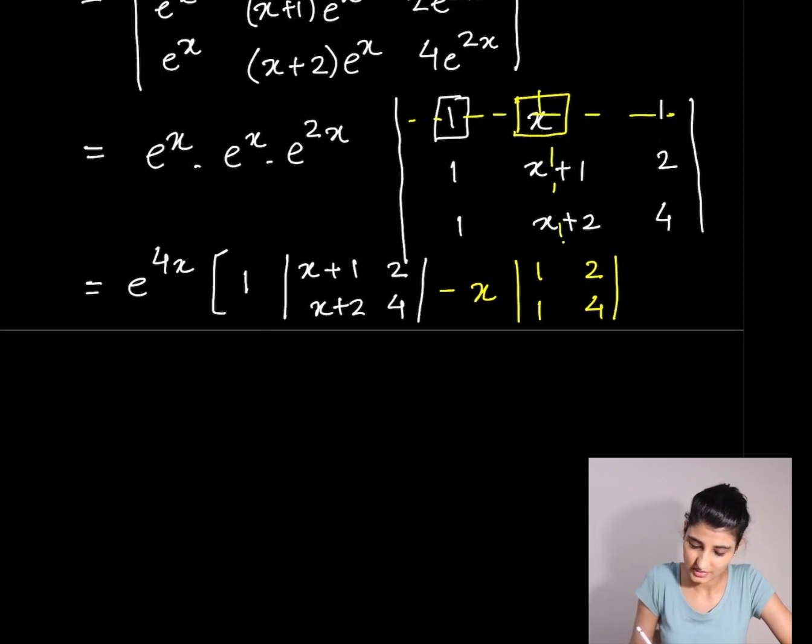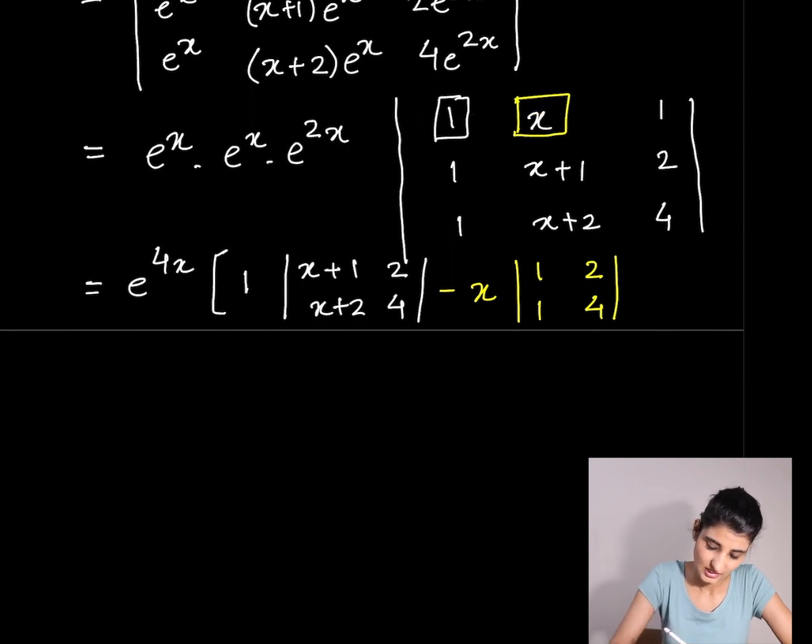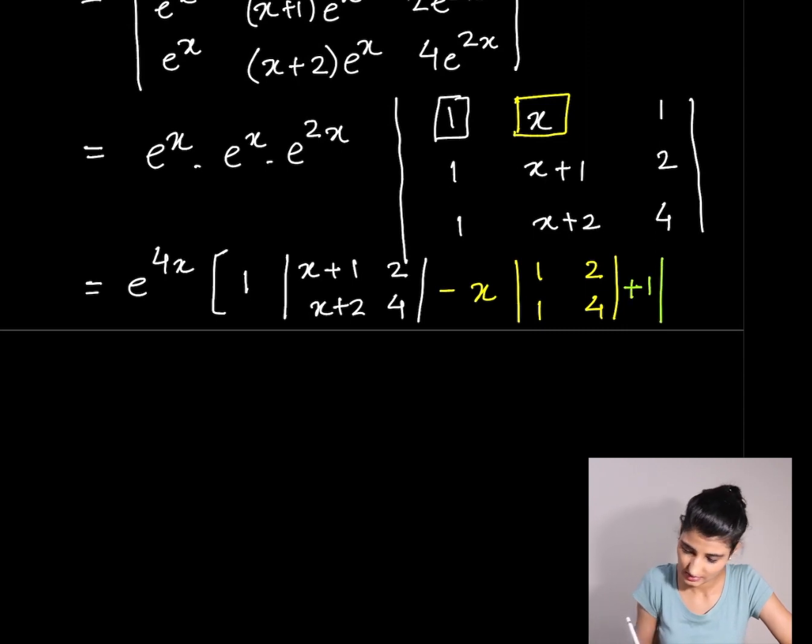Here we are not choosing this row and this column, and then plus 1 times, now we are not going to choose our first row and third column, so 1 x plus 1 1 x plus 2.